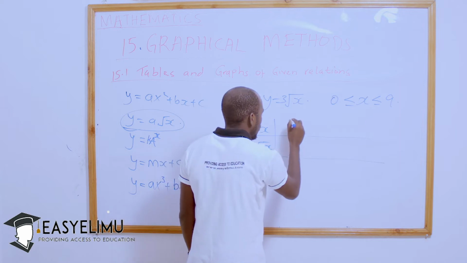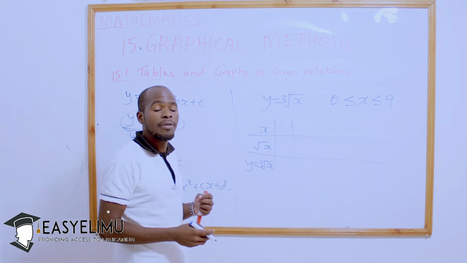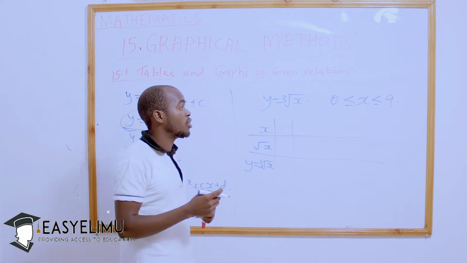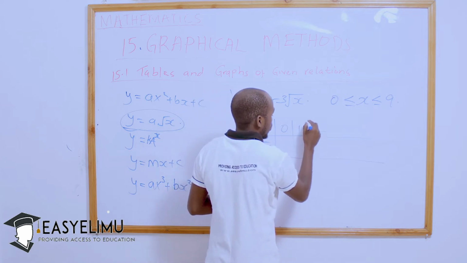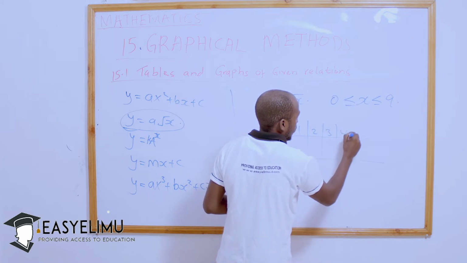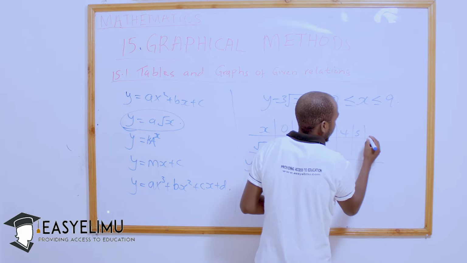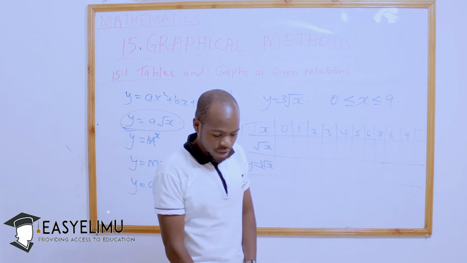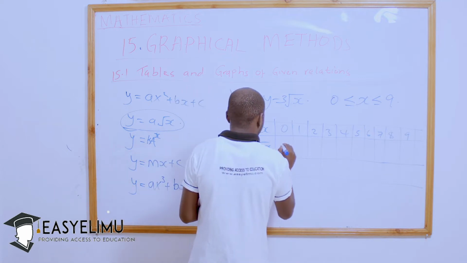You can select the intervals you want, for example 1, 2, 3, or you start with 0, then you move on with 1, 2, 3, 4, that way until you reach 9. I will fill up the table, then we shall work it out.